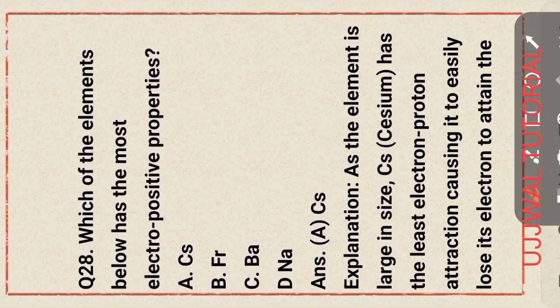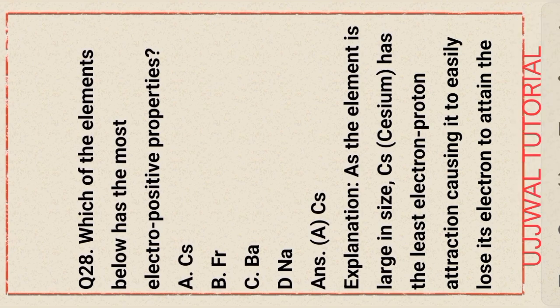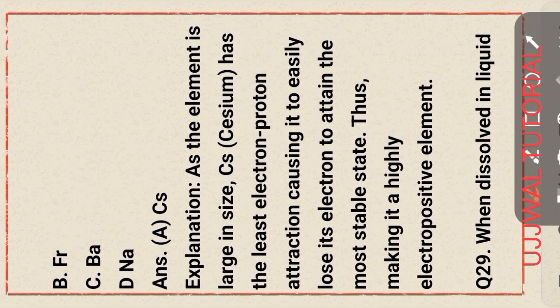Cesium has the least electrostatic attraction, causing it to easily lose its electron to attain the most stable state. Thus making it a highly electropositive element.